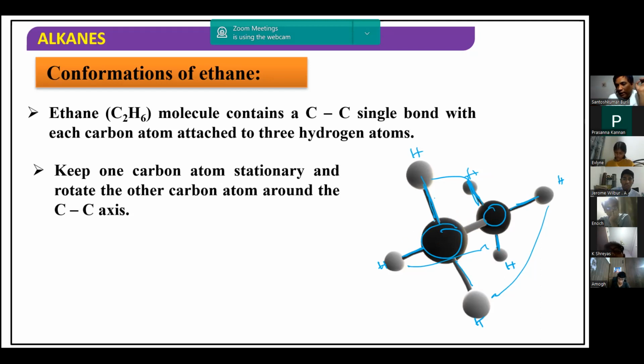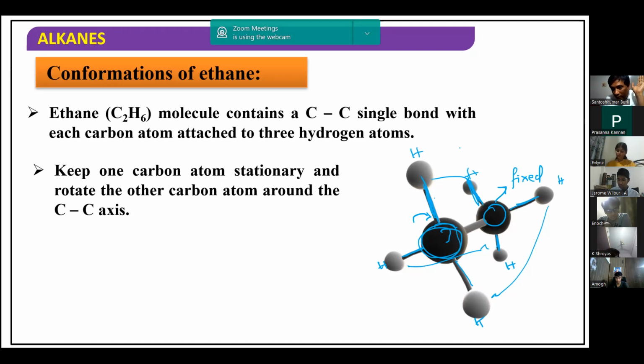Now, carefully listen. If this carbon is fixed and I start rotating this carbon through a very small angle, some angle is made between this CH bond and this CH bond. That angle between this CH bond and this CH bond is called the dihedral angle.